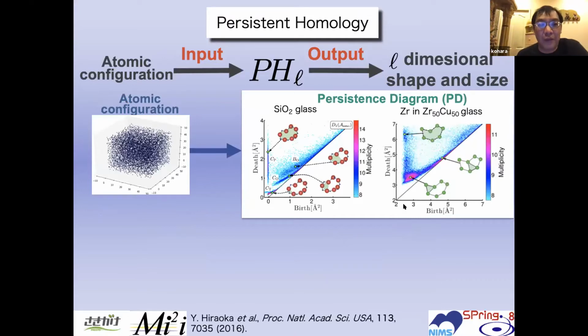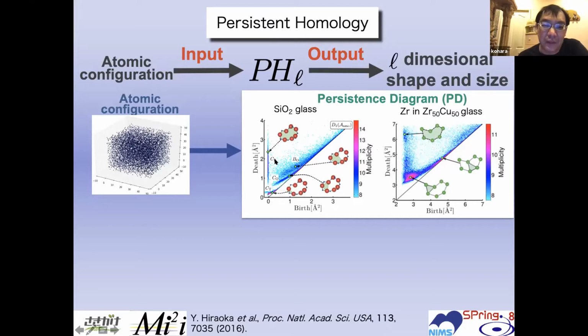Okay, I would like to introduce persistent homology analysis. In this analysis, we need an atomic configuration, so we put in results of simulation, DFMD or classical molecular dynamics, and reverse Monte Carlo. Then we can get a persistence diagram. This is a persistence diagram for silica glass, which has lots of empty space. This is a metallic glass, only zirconium.